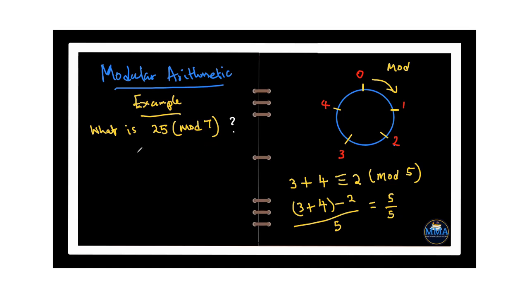That means if I use 7 to divide 25, it's going to give me 3, remainder 4. This remainder here is what I'm interested in. That means 25 is 4 in modulo 7.